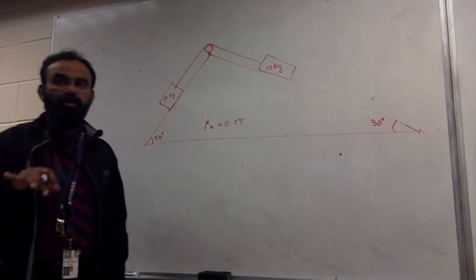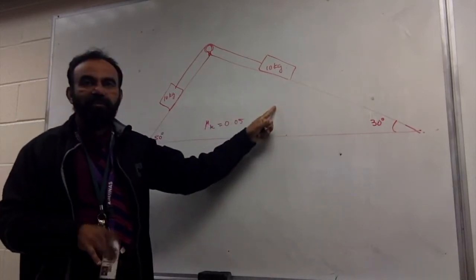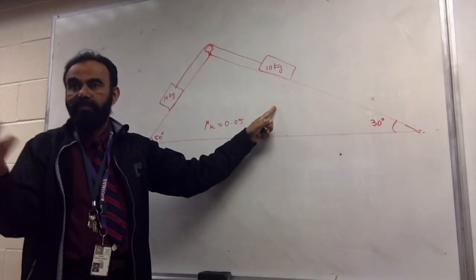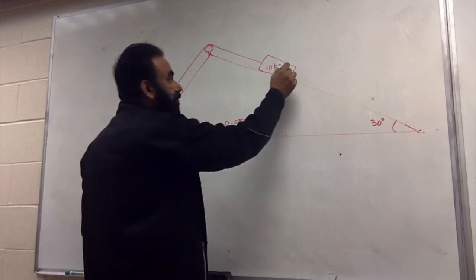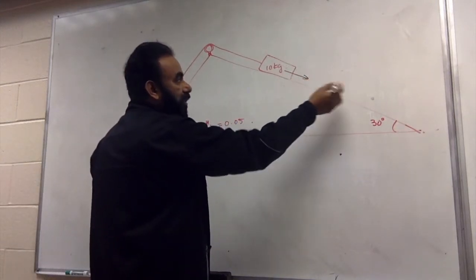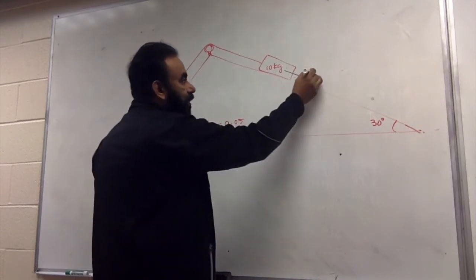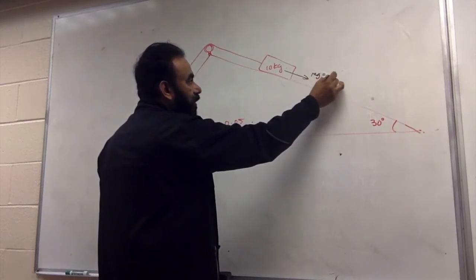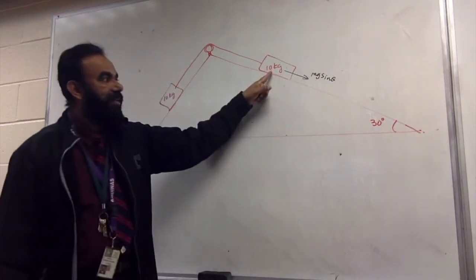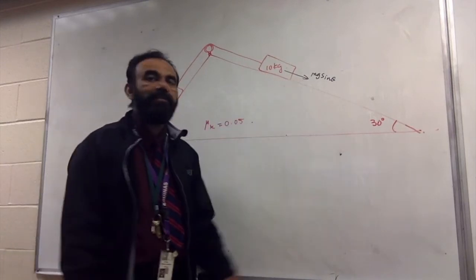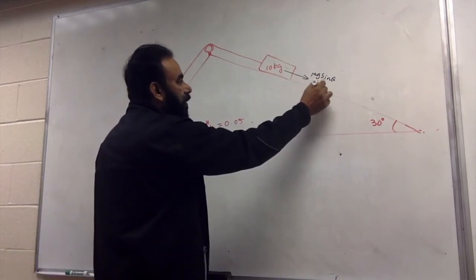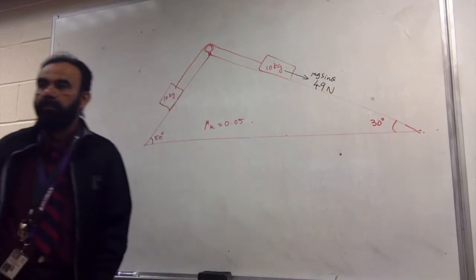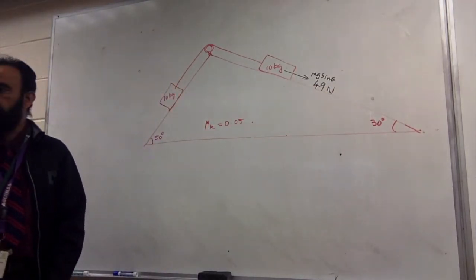Instead of drawing the weight itself, you don't have to draw the weight. What are the two things that you need to draw? Mg sine theta. Can you tell me how much it is? What is mg sine theta here? It is 10 times 9.8 times sine 30, that's 49 newtons.